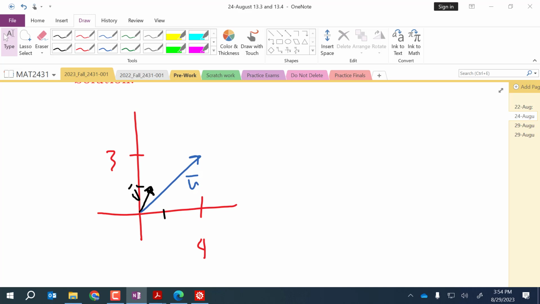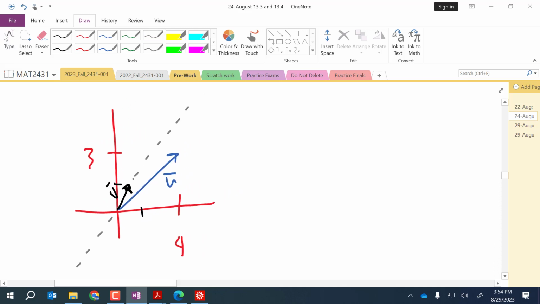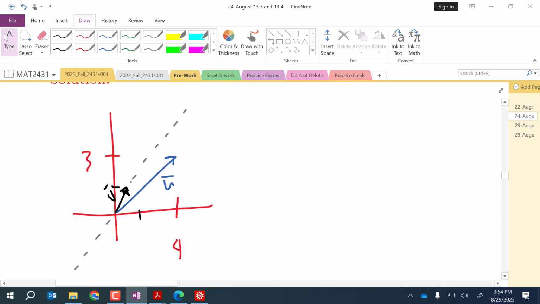So one way to think about that is if I were to draw a brand new coordinate system, this axis that I just drew is what? What's that? Well, it's parallel to vector v, right? Okay. And then I could draw a new axis this way. And what did I just draw? Another axis that was perpendicular to vector v.